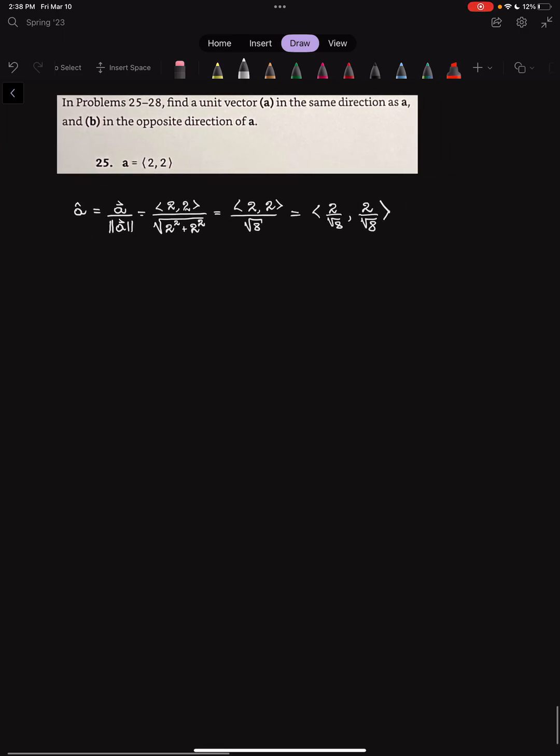Now, what if we want this same unit vector in the opposite direction? Well, we'll call this A up. That's just going to be the negative of that original unit vector. Why is that? Well, because we already saw that the effect of multiplying by a negative scalar is to flip the direction.